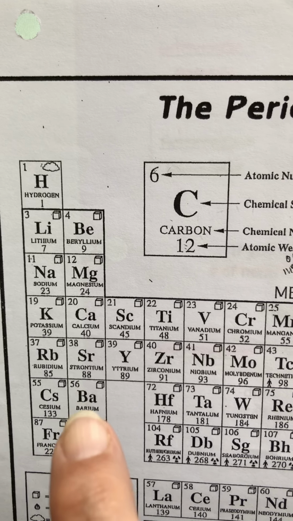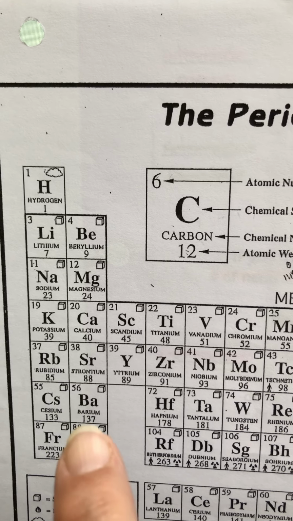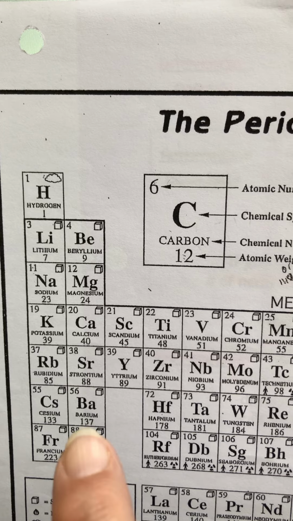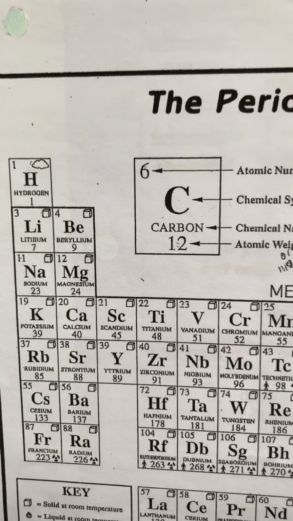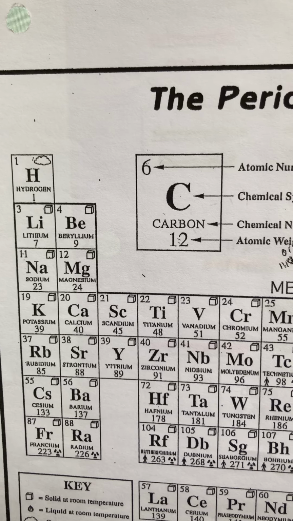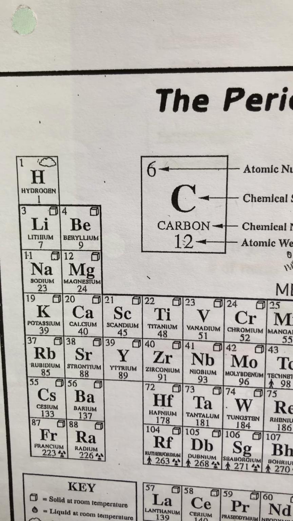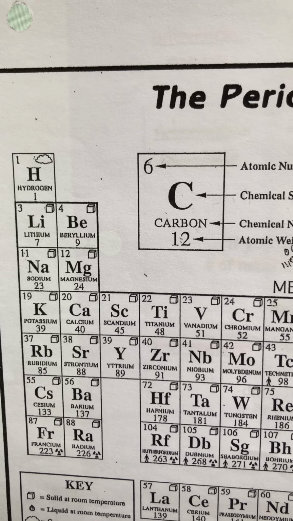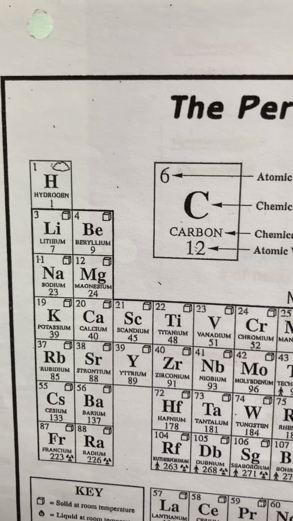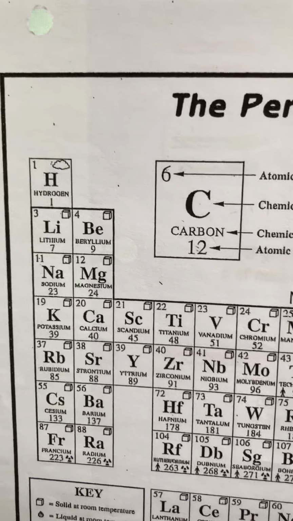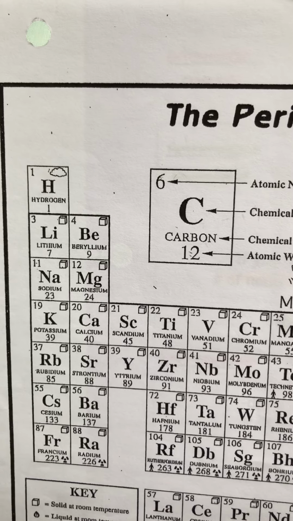I'm sorry. The mass is 137. If 56 is the number of protons, if you take 137 minus 56, you should get the number of neutrons. It's just a math problem. What plus 56 equals 137?